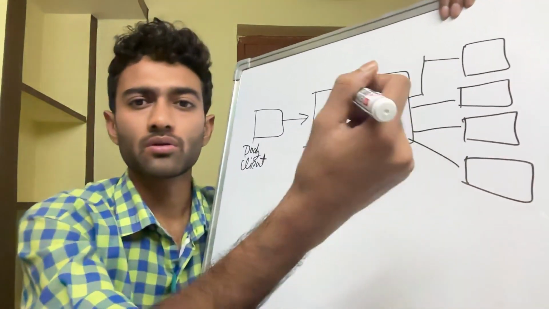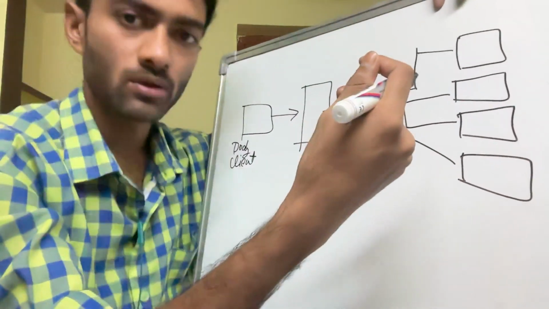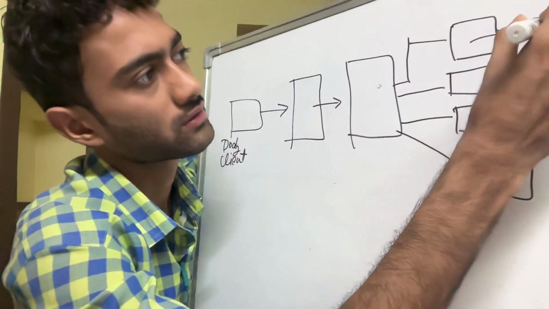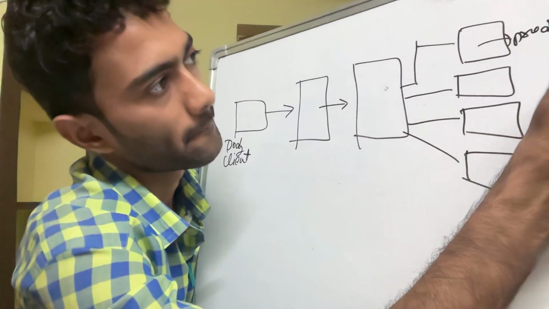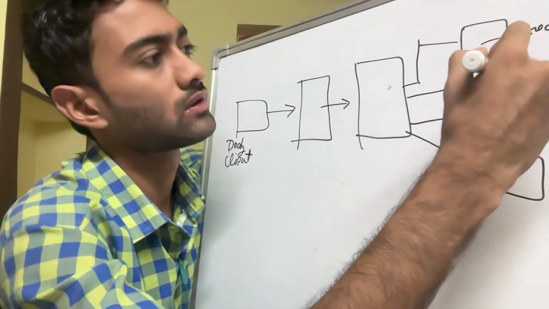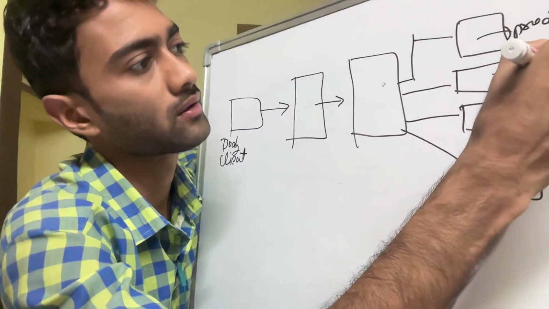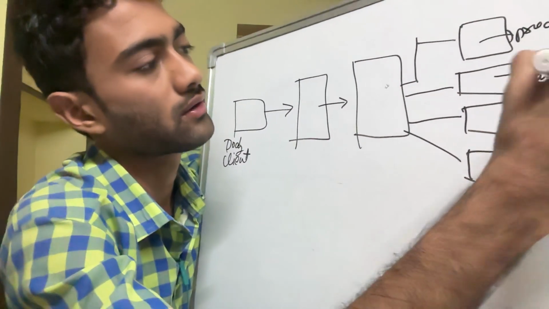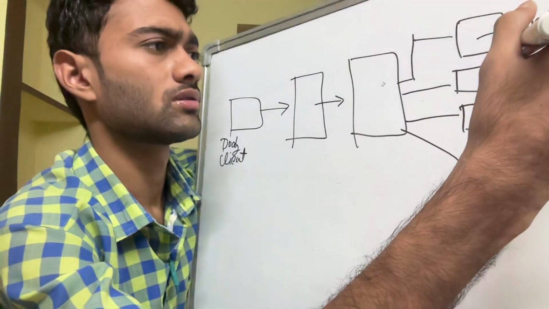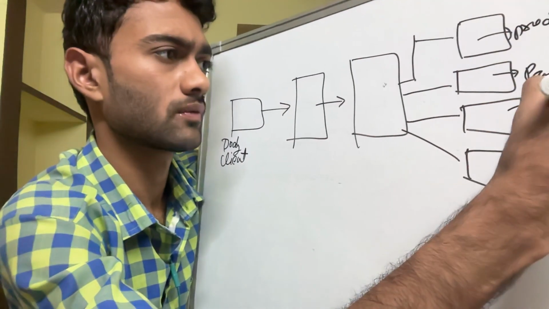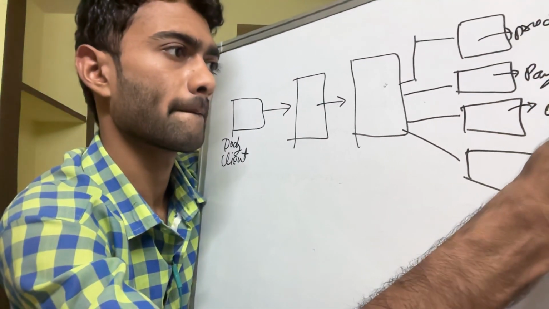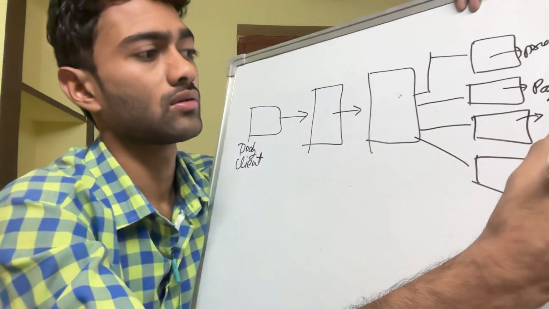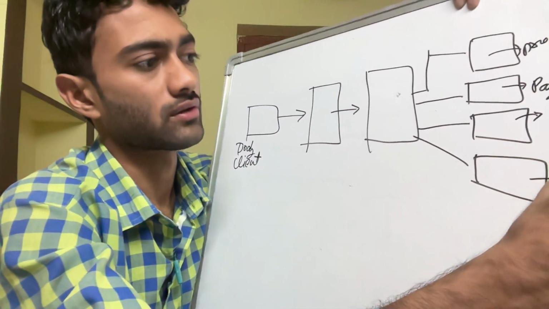Let's suppose this is the product service. This is the payment service. This is the order service. This is the notification service.